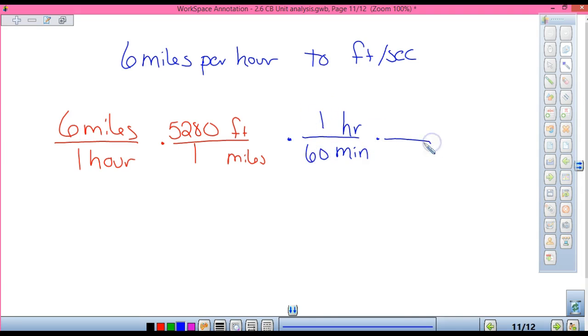Now I'm at minutes, but I need seconds. Minutes is on the bottom, so minutes has got to go on top, seconds on the bottom. 60 seconds in 1 minute.